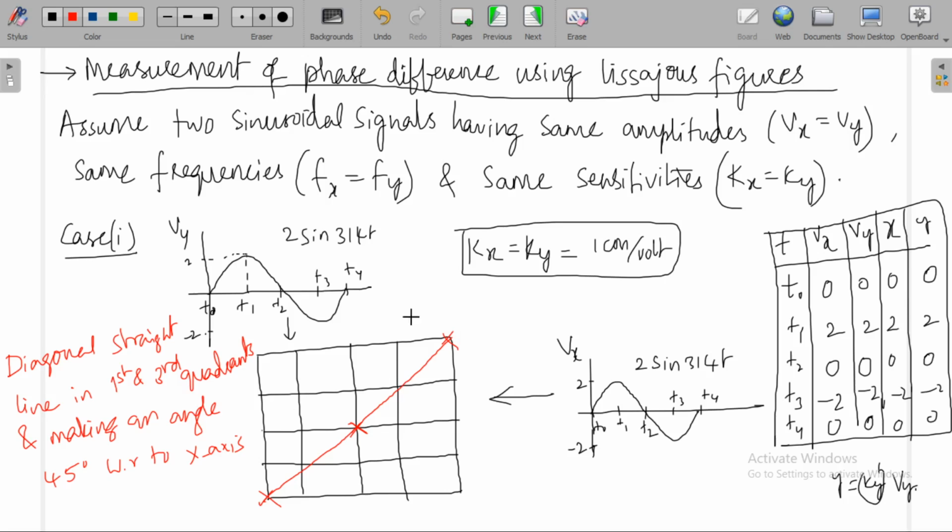Okay, you're going to get a diagonal straight line making an angle of 45 degrees with respect to the x-axis.